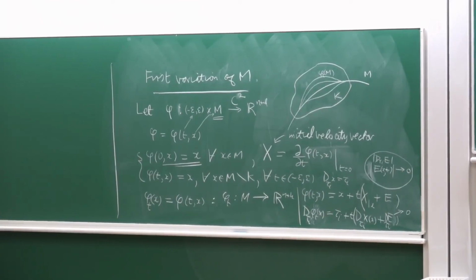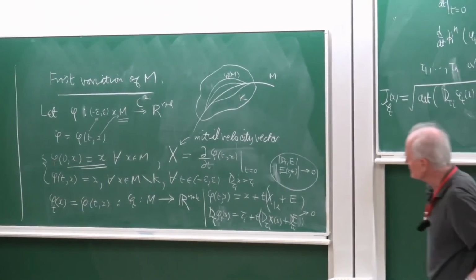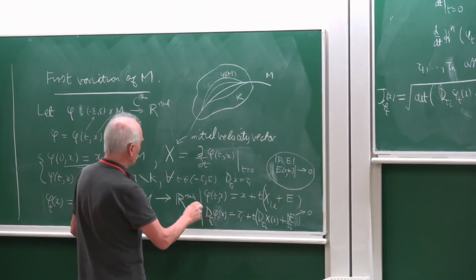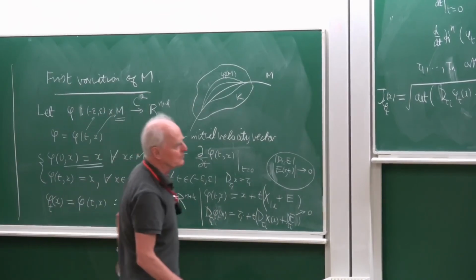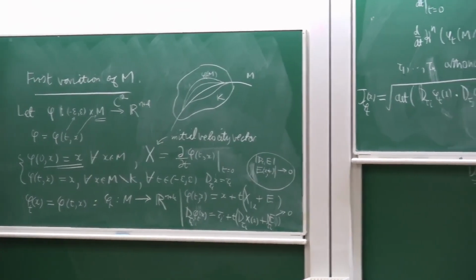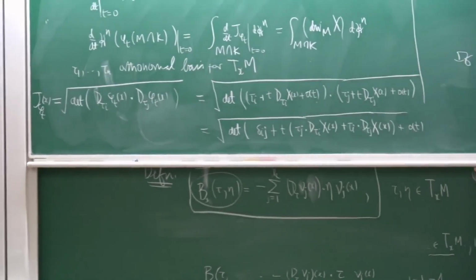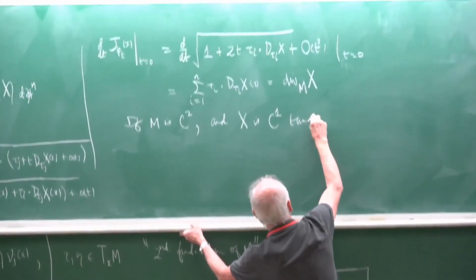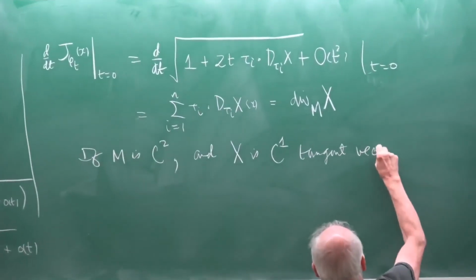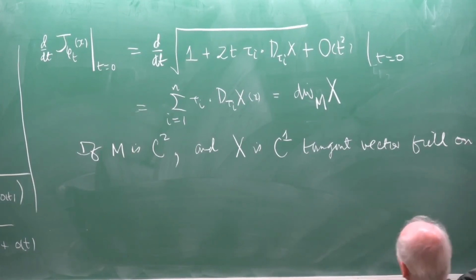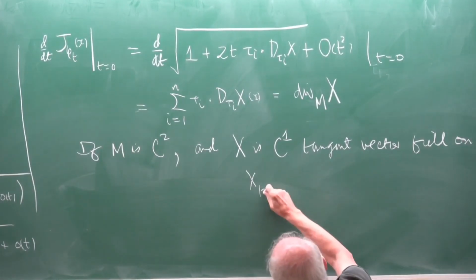Then in that case we can impose an additional restriction here. We can cook up this phi in such a way that X is a tangent vector. So suppose M is C2 and X is a C1 tangent vector field on M. That means that X at x is actually in the tangent space at each point.